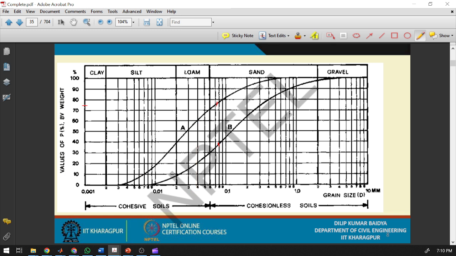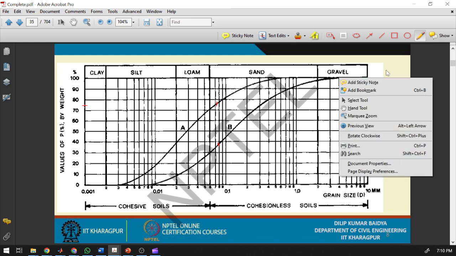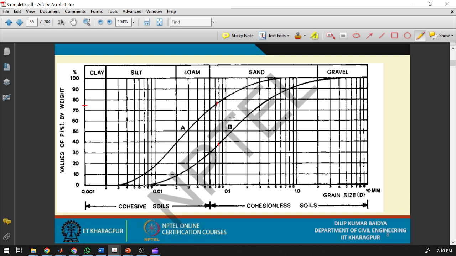Yeah, let us redraw. You're saying let's redraw at D60. Where do you want the gap to be?